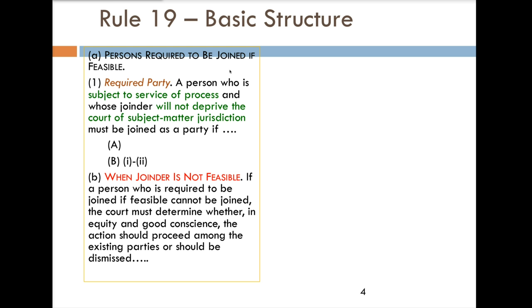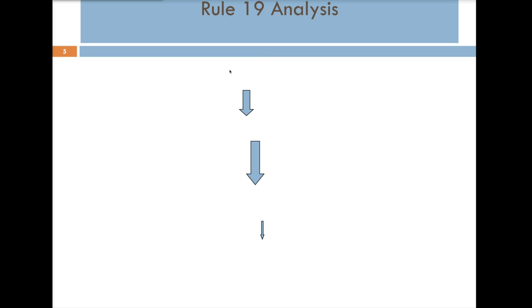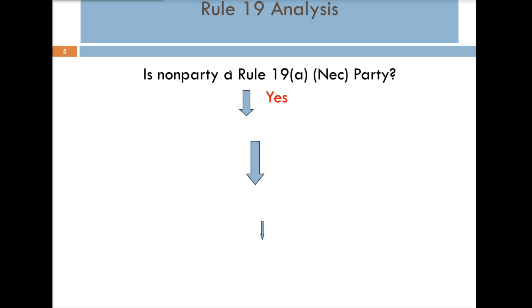So even if you have PJ, if you would lack complete diversity because of possibly the 1367(b) bar, that would be a problem such that you then have to go to 19(b). So the way the Rule 19 analysis works out is you first look and see, is the Rule 19(a) party necessary? Do they fall within one of the categories of (a)(1)?